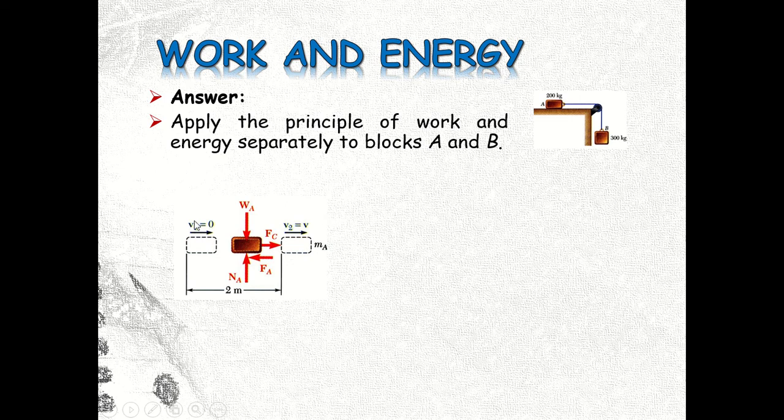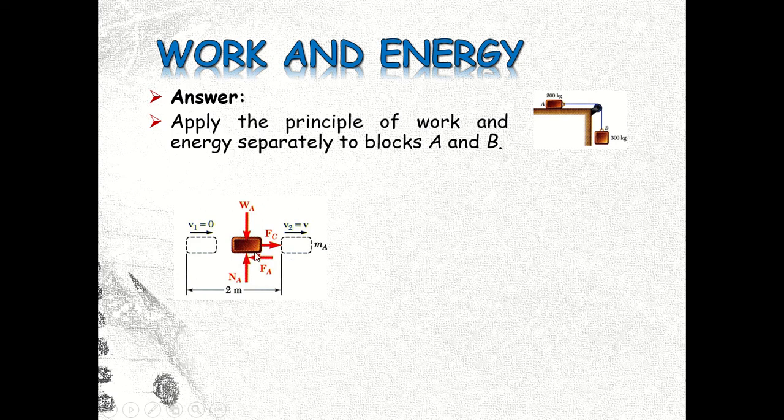Now considering block A at this moment, we have the weight for 200 kilograms. There will be a weight perpendicular to the surface, and we have the normal force acting on this part of the block.